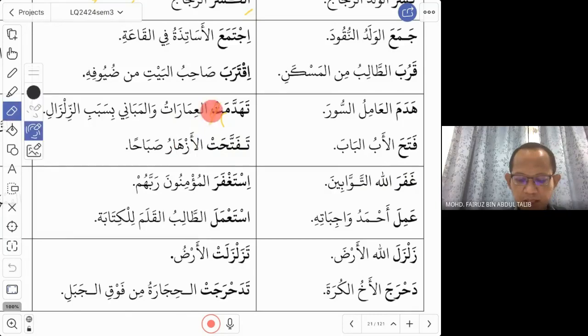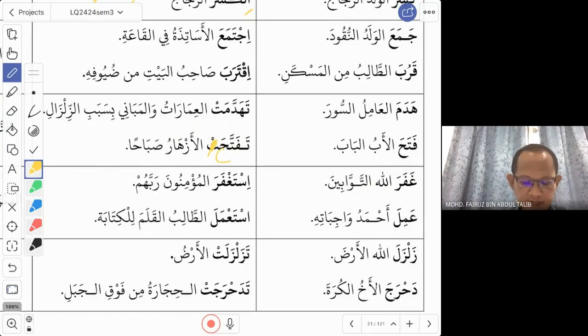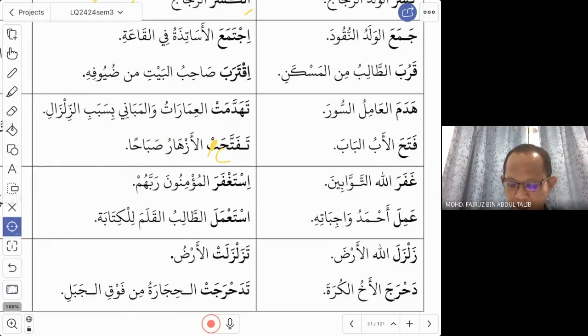That is why you have the ta. The same goes to tafataha. The fi'il is actually tafataha, where you have the first ta as an additional letter, and you have this tad'if as well. We double this middle ta. So you have two additional letters.